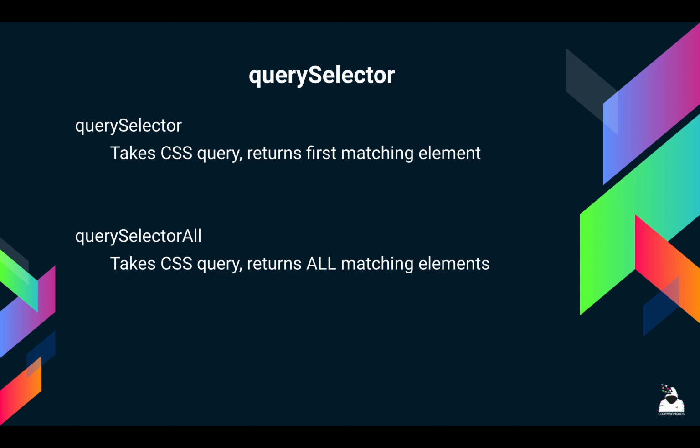So querySelector and querySelectorAll both take a CSS query. querySelector gives us one element, and then querySelectorAll returns all of the matching elements in that page. querySelector, because it only returns one, returns the first matching one.